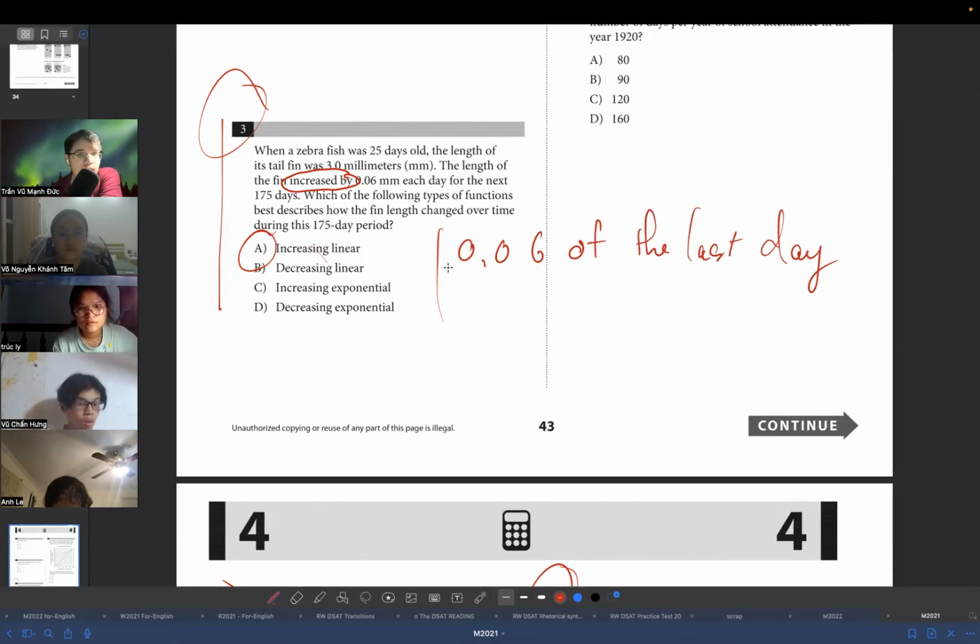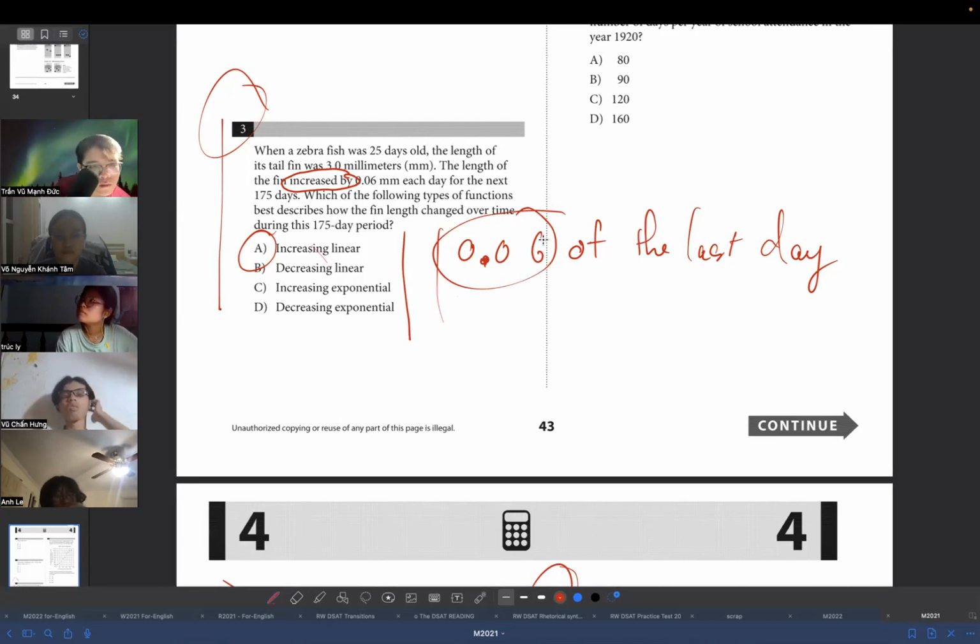Is it C? If I say every other day, the fin length is 0.06 of the last day, then which equation would I choose? C.